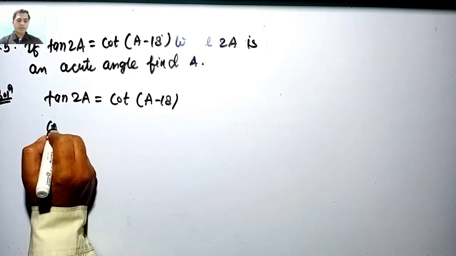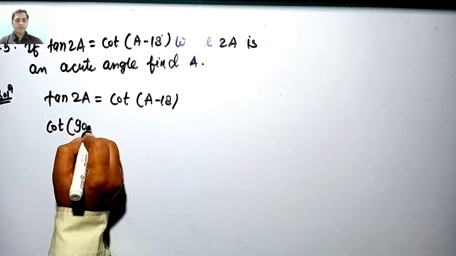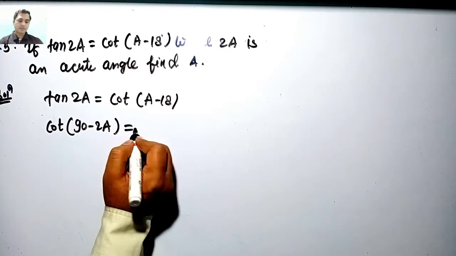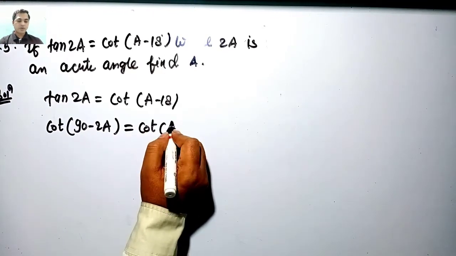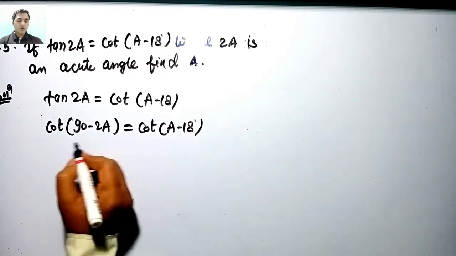So tan 2A can be written as cot(90 minus 2A), which is equal to cot(A minus 18 degrees).